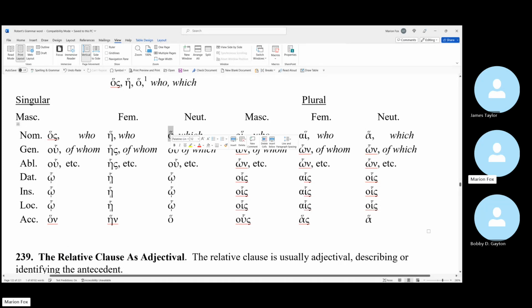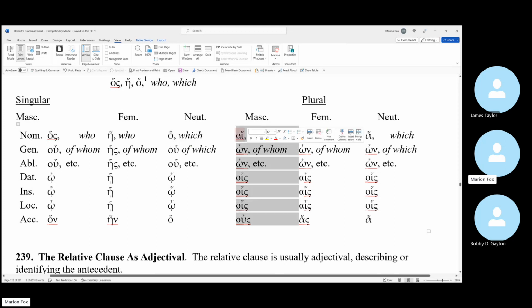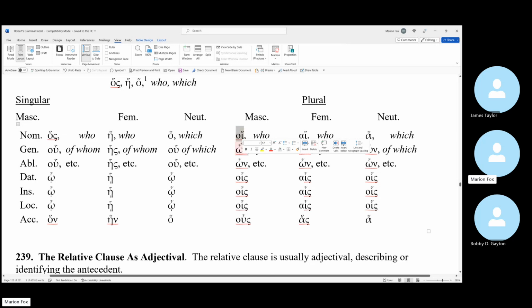It has a rough breathing and an acute, so it kind of looks like it. And your masculine over here, hoy would be the article, but this has an accent mark on it, the eta. So again, it can deceive you if you're not careful.